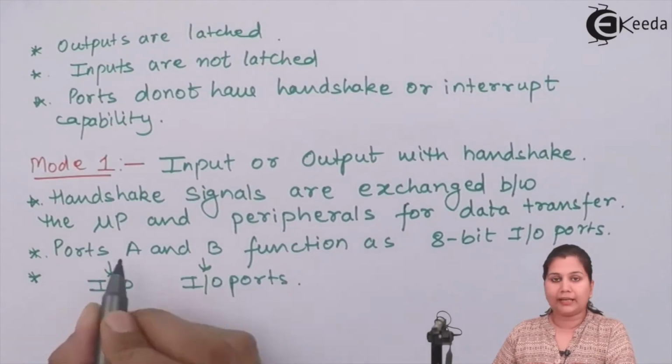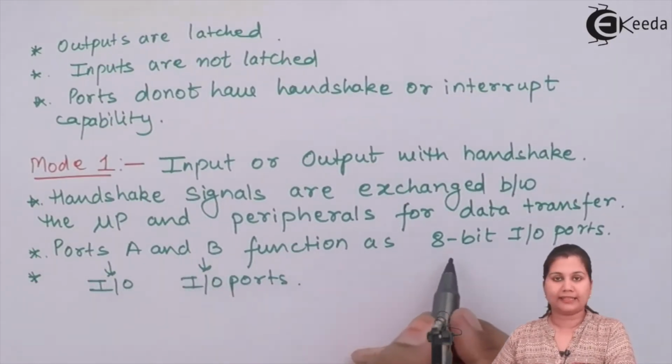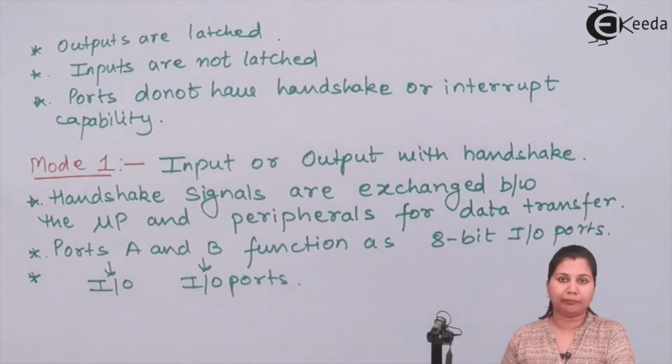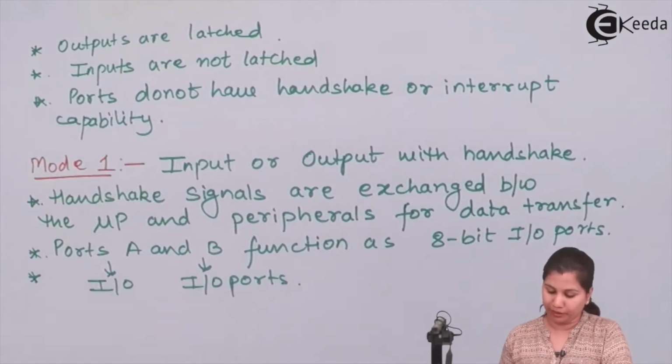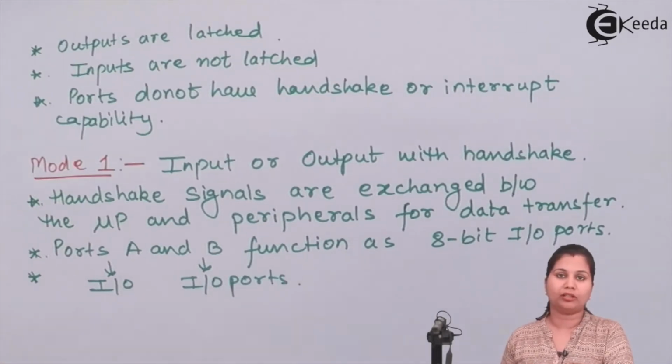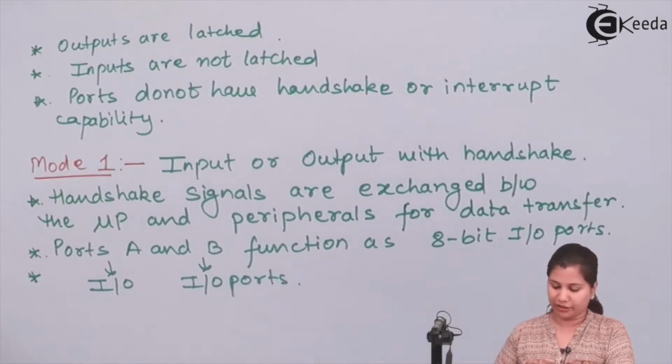Port A and B can function as 8-bit input output ports. They can be configured as either an input port or an output port. And these ports use 3 lines from port C for the handshake signals.